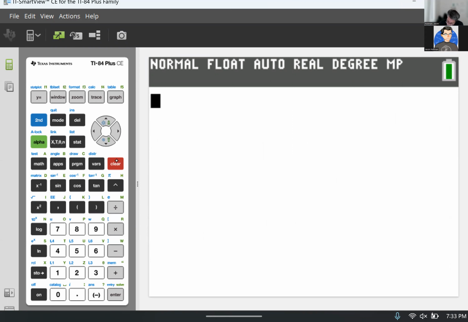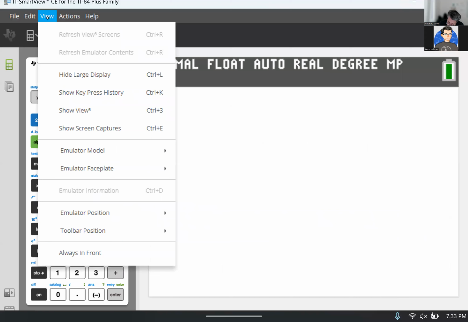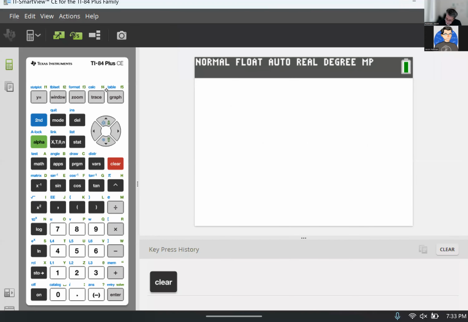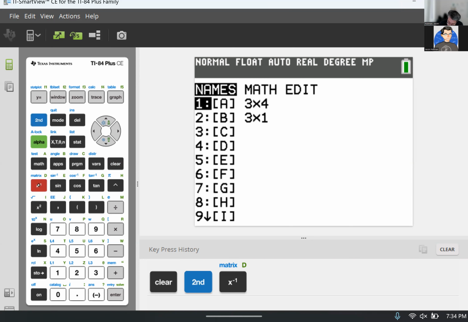Let me show my key press history real quick. Using this calculator, if I wanted to set up the problem from number 1, I would hit the second key and then the matrix key, which is the x to the negative 1 key. My key press history is located at the bottom of the screen here.